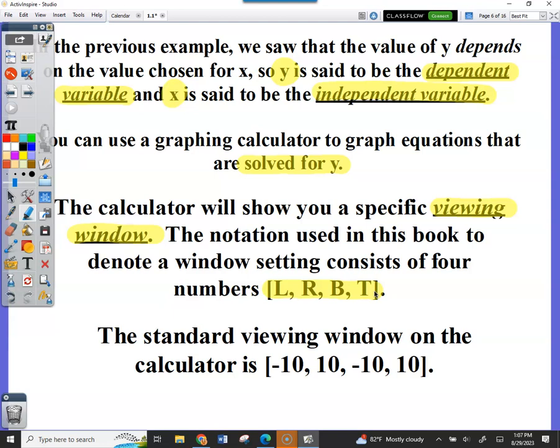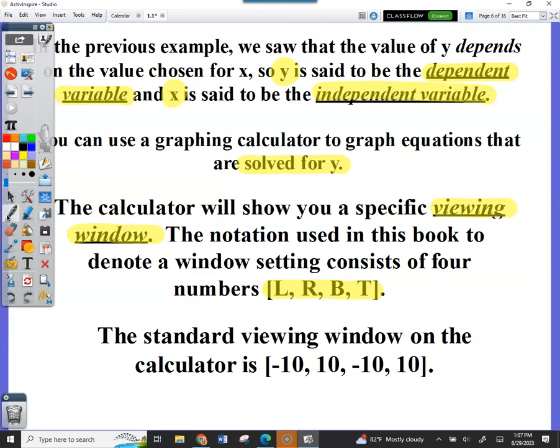So it's your left bound, your right bound, your bottom bound, your top bound, okay? You've got to know this because we're going to be adjusting viewing windows a lot, and it's really helpful if this is not something we have to teach when we get to those problems.